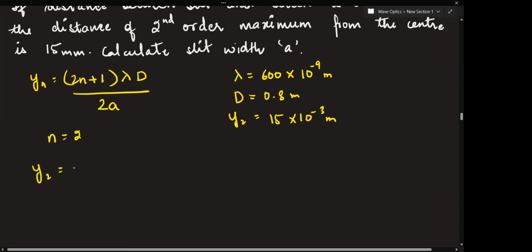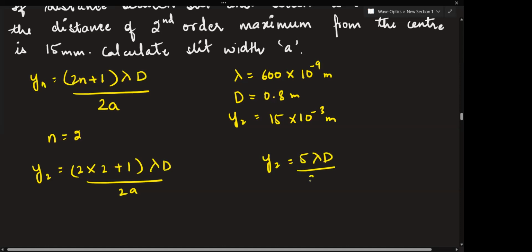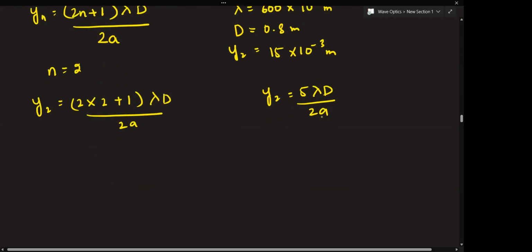So y2 will be (2 times 2 plus 1) lambda D by 2a, which is 5 lambda capital D divided by 2a. All the terms you are aware of except a. So a will be equal to 5 lambda capital D divided by 2y2.